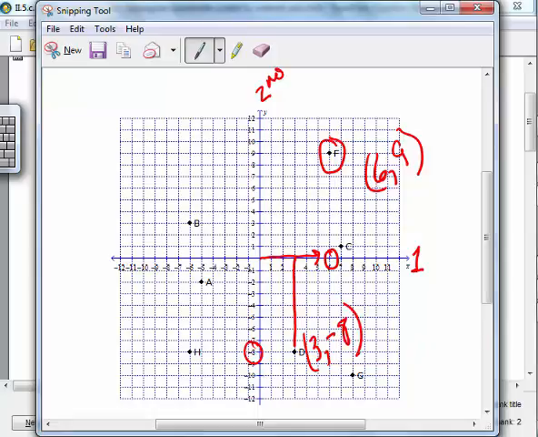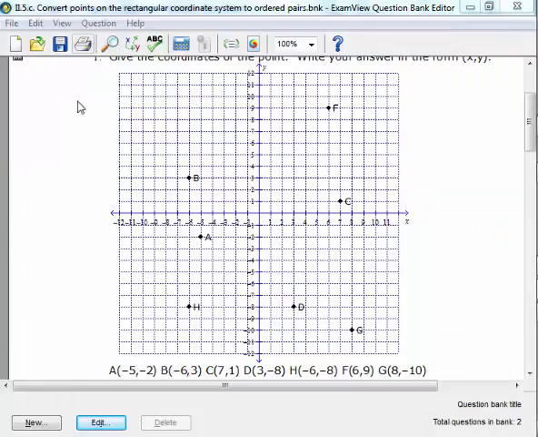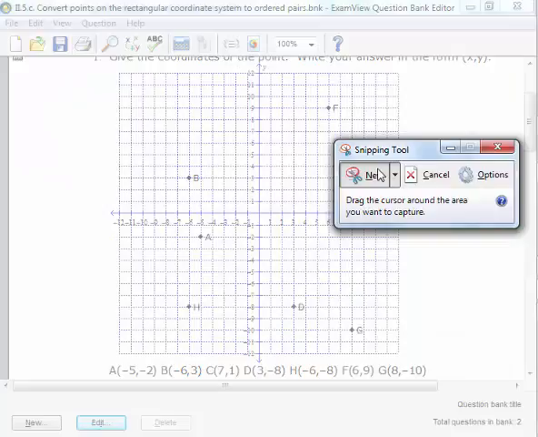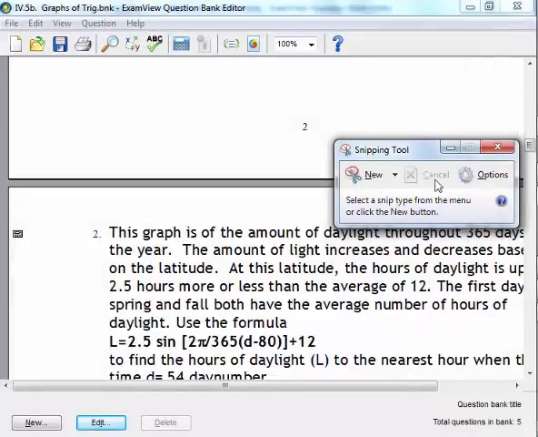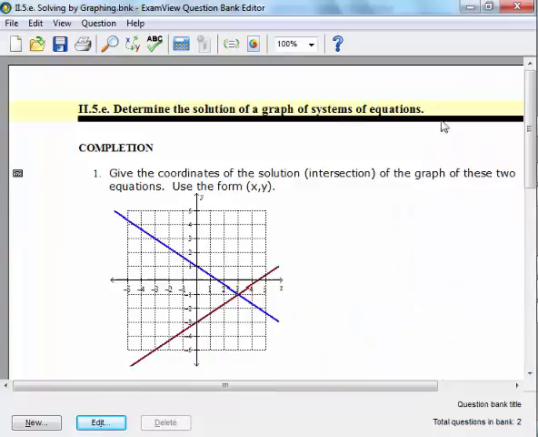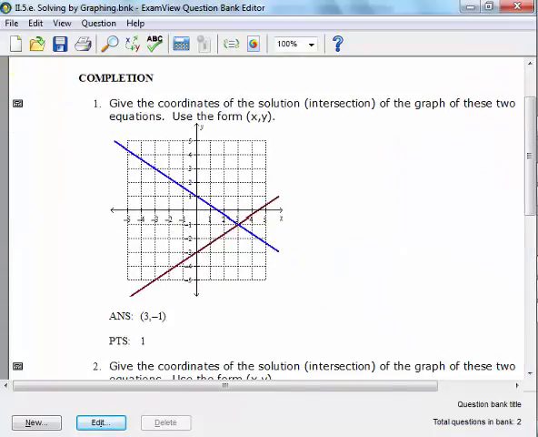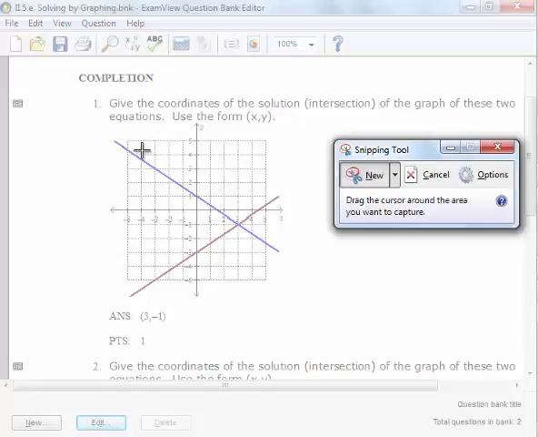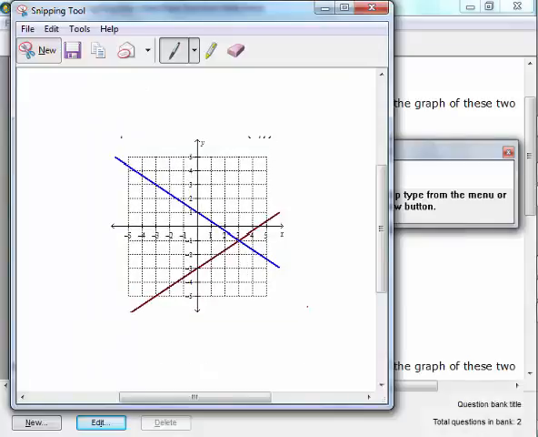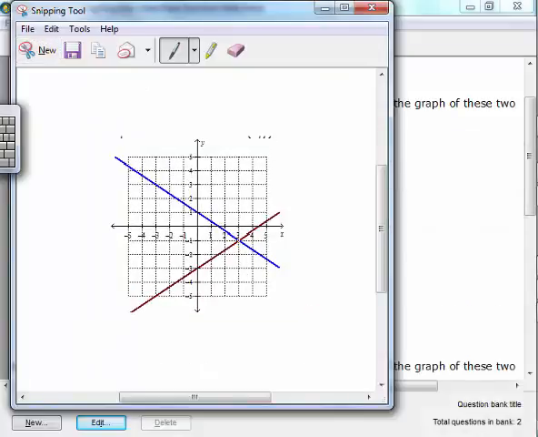Now that would be something that we could do, but there's other things that we can do that are probably a little bit more, I don't know, fun, let's say, than that. Let's take a look at how we can use our graph to determine what the solution of a system is, just because we can just go by what is the coordinates of this point right here.